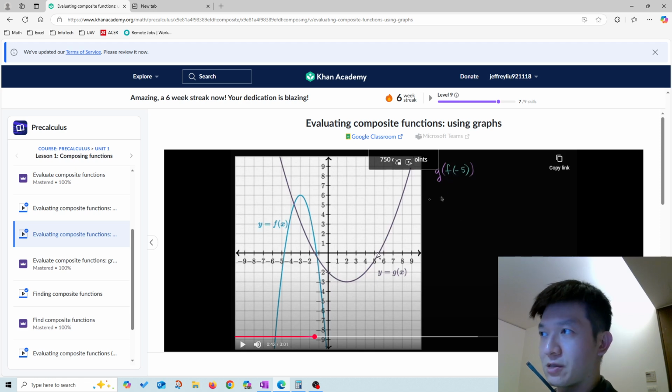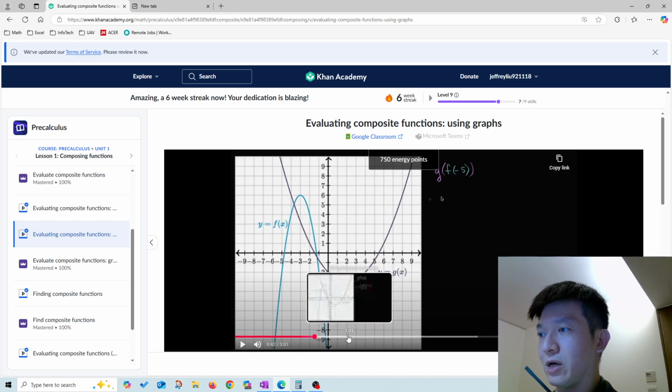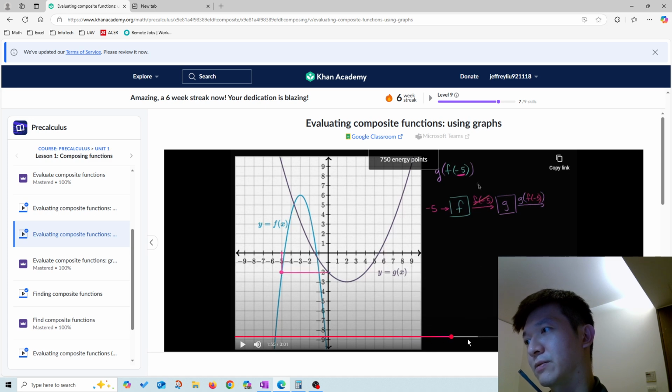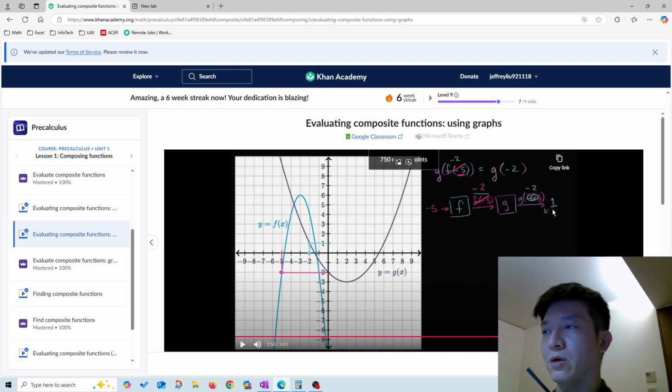That gives us the new x for g of x, right? So g of x is right here, the purple one. And we got the negative 2, so you find the negative 2, that corresponds to 1, okay? So the answer should be 1. Okay. Yep, it's going to be 1, okay?